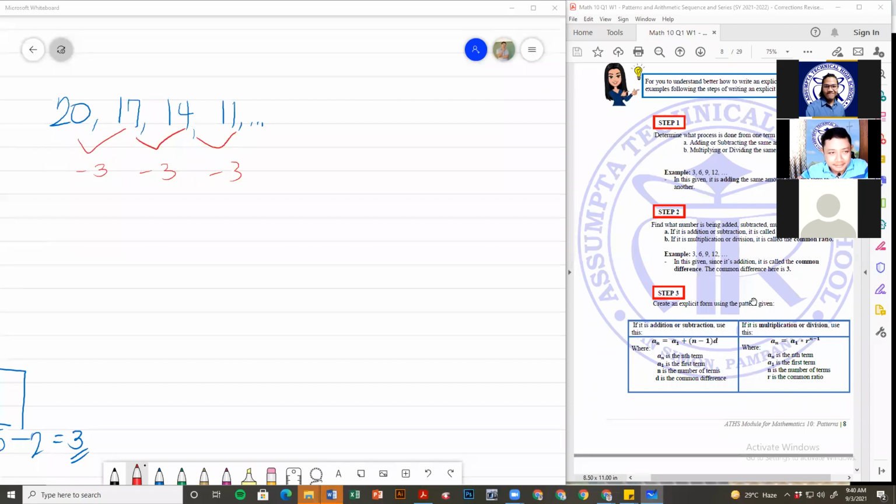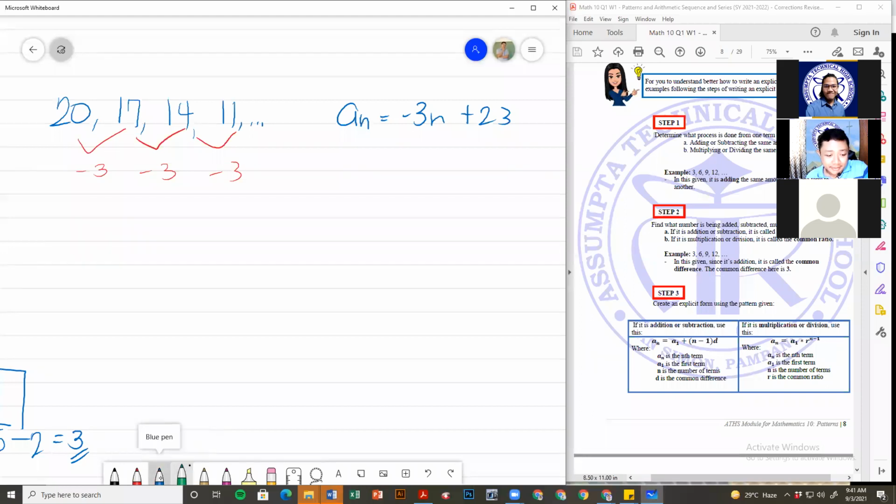Sige nga. Let's try this one by May. A sub n is equal to negative 3n plus 23. Sige, let's wait for the rest. Meron bang hahamon kay May? Let's try muna the formula made by May.